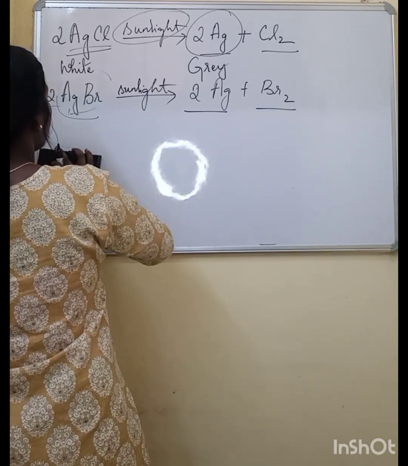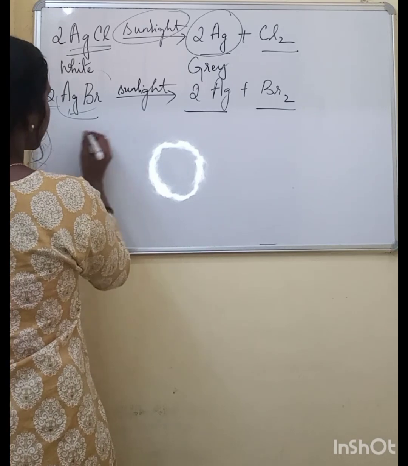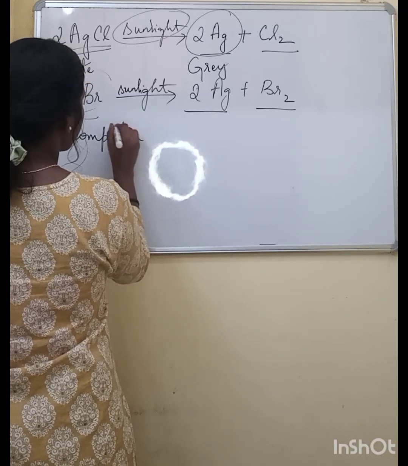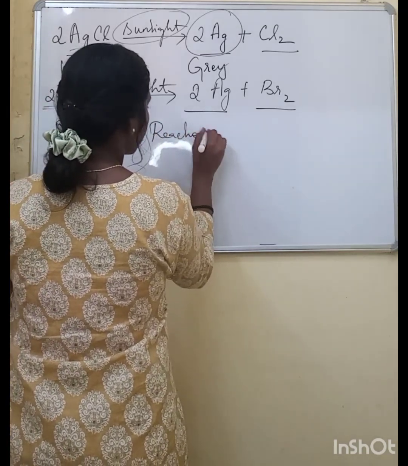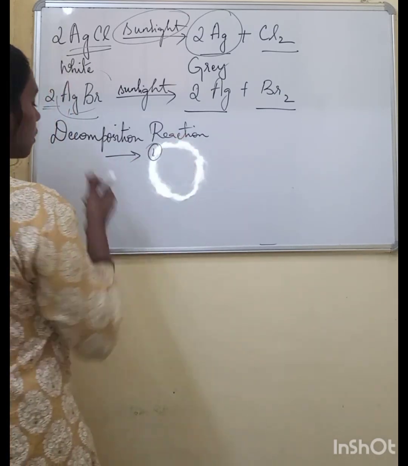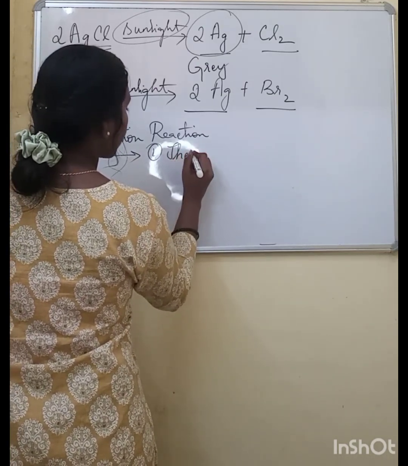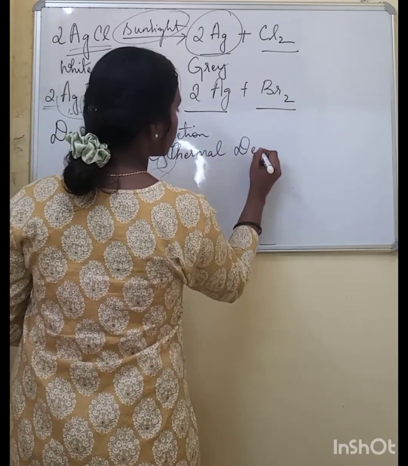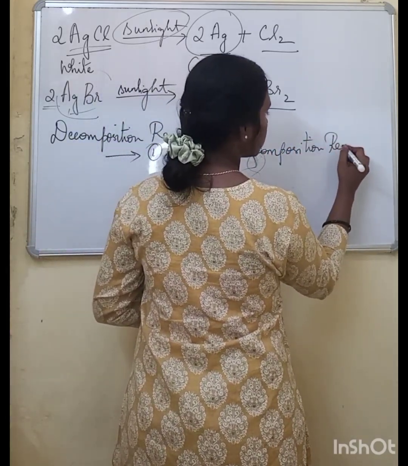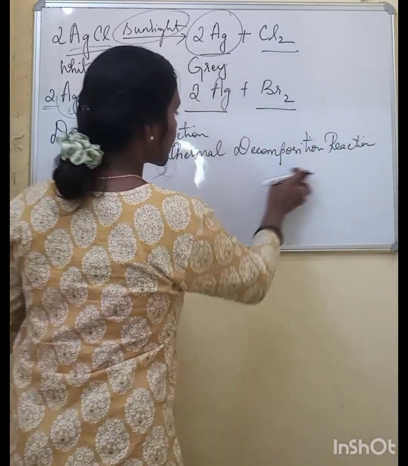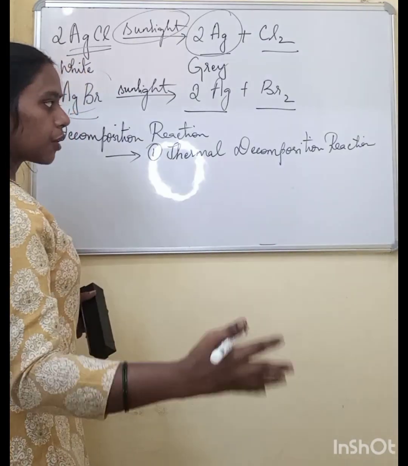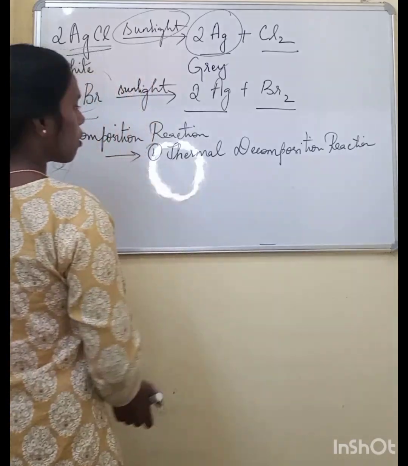So now, looking into the reactions, we can summarize that decomposition reaction is of 3 different types. First one is thermal decomposition reaction. The example was ferrous sulfate on heating giving you ferric oxide, sulfur trioxide and sulfur dioxide. Those examples come under thermal decomposition reaction.